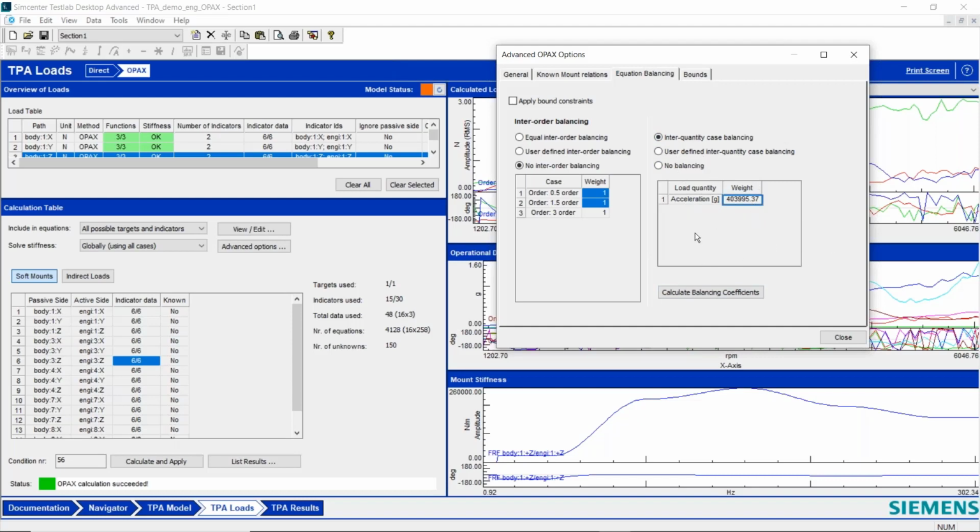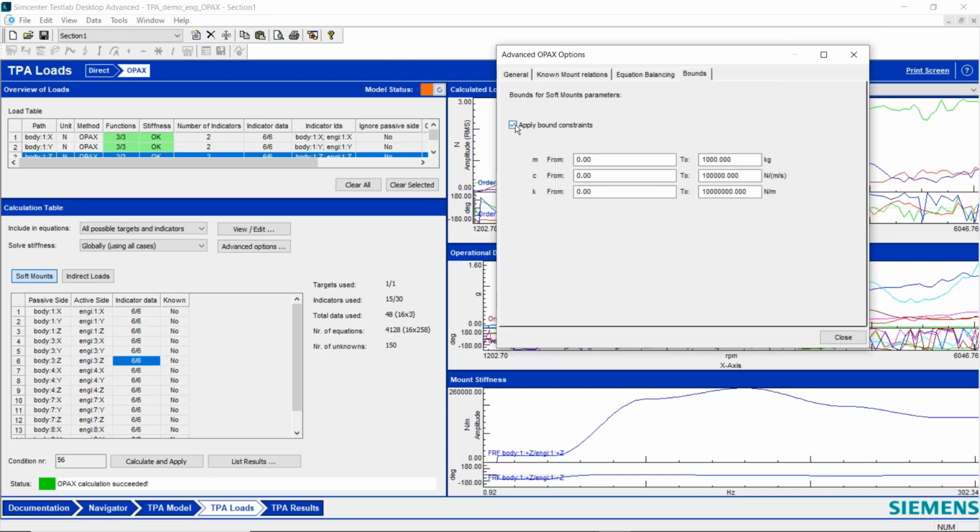But if I had multiple units, you'd want to make sure interquantity is on, which is the default. You have to hit calculate so it calculates, and then it would start using those scales. Bounds, here I could apply bounds on mass, damping, and stiffness if you know about what they could be. And this would be another way to constrain the equations so that you get better results.